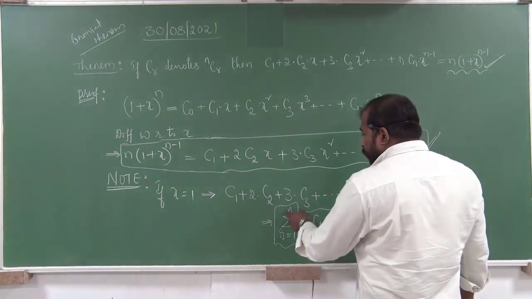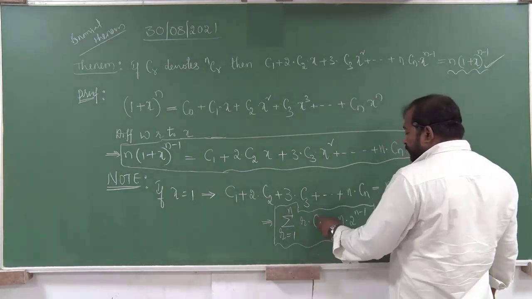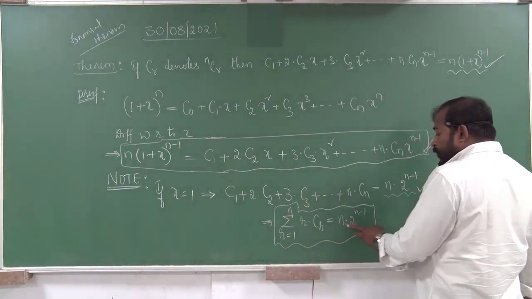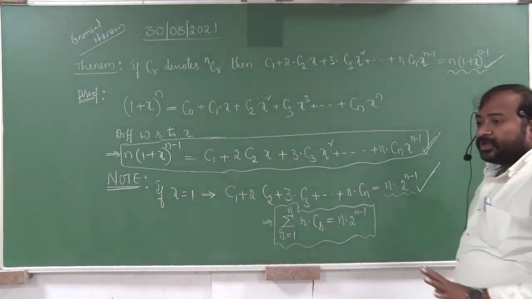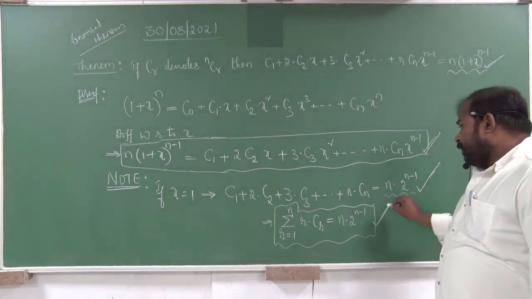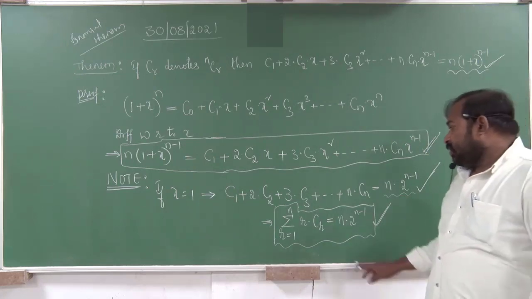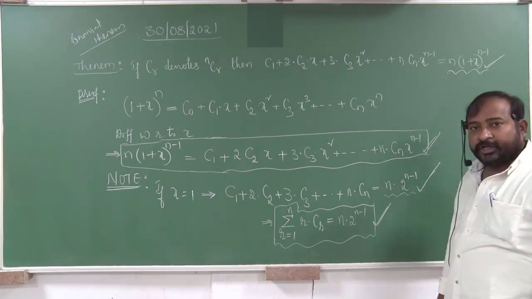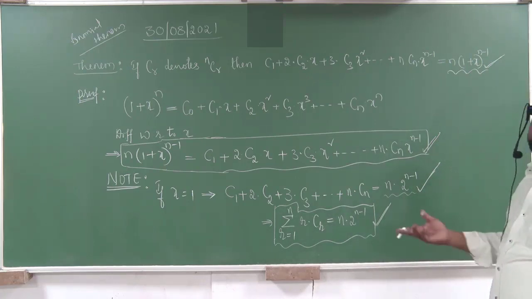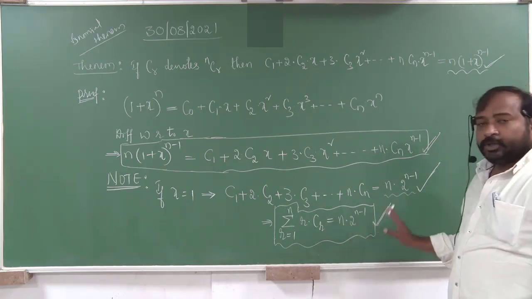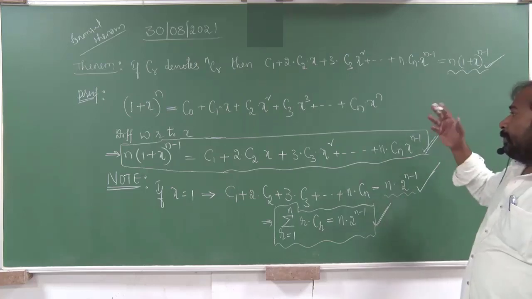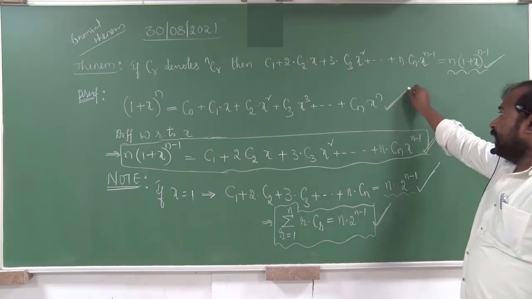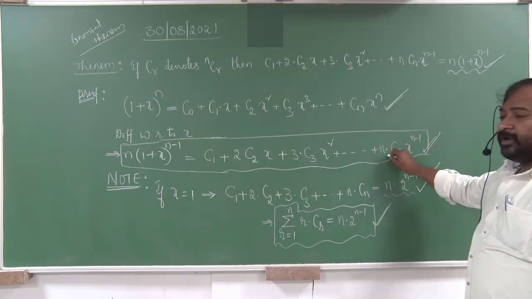So from a comparative exam point of view, sometimes they will directly ask this: sigma r equals 1 to n of r into Cr equals what is the value? n into 2 power n minus 1. Of course, you get this value by differentiating.